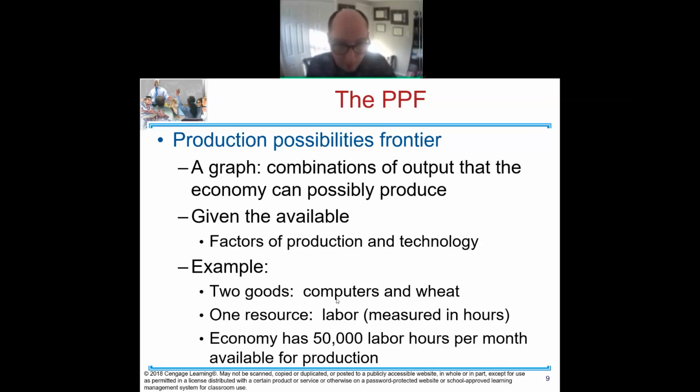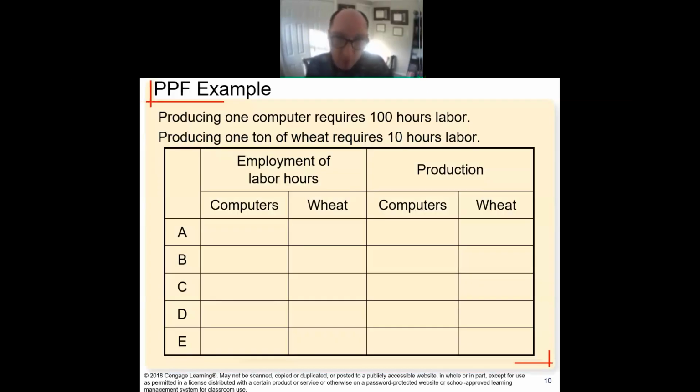So the company manufactures both computers and wheat. I don't know what company even does that. Let's just go with it. Okay, my company manufactures both computers and wheat. So I guess I have a farm and a computer manufacturing facility.